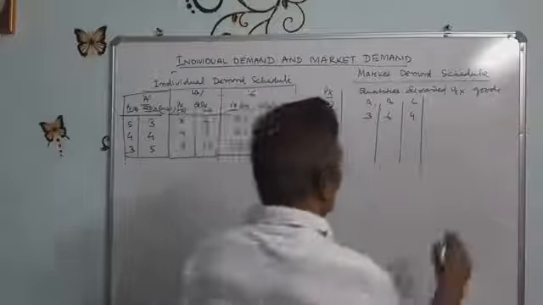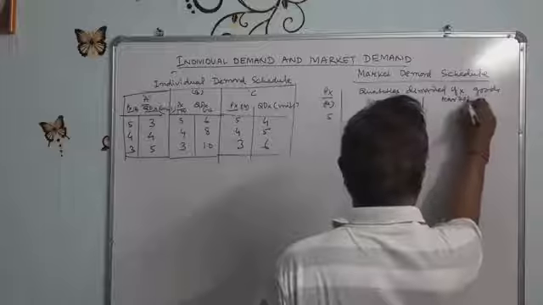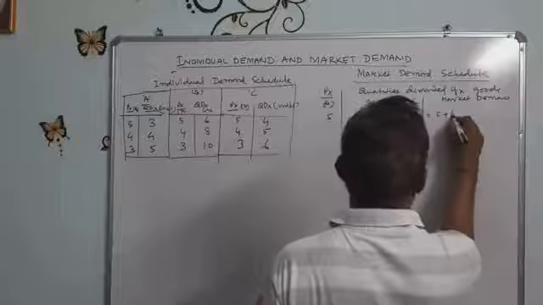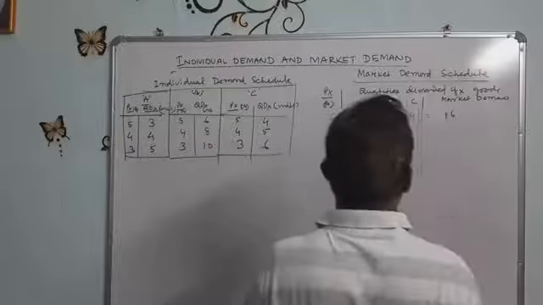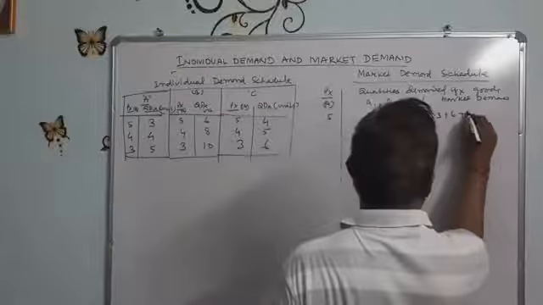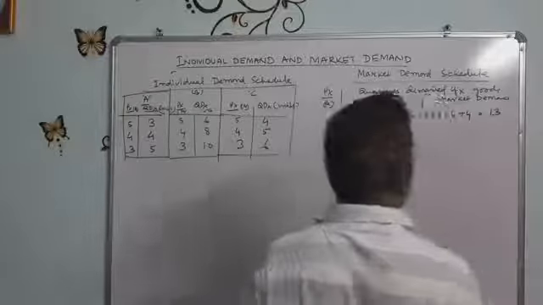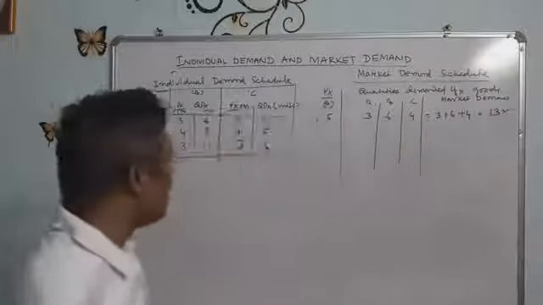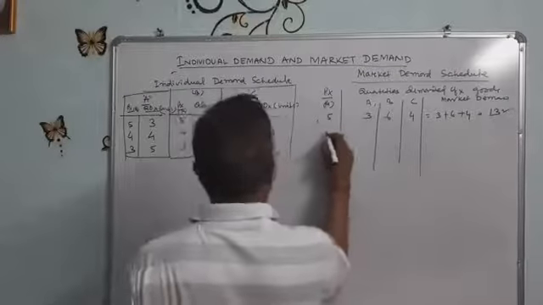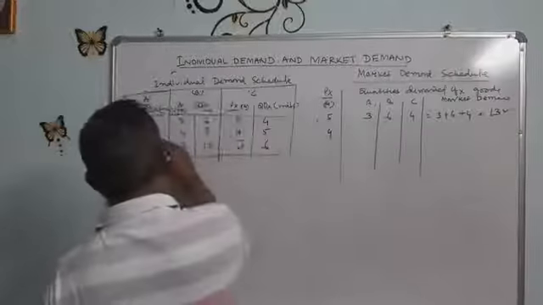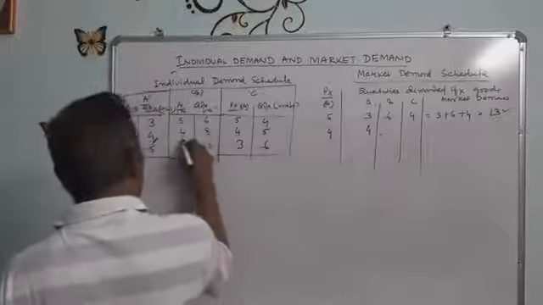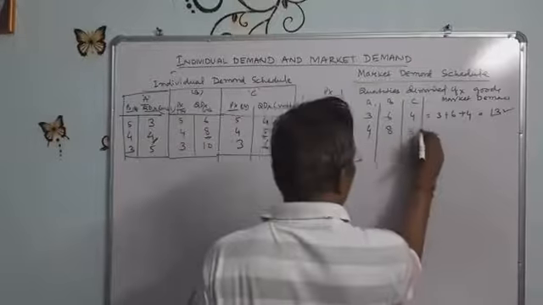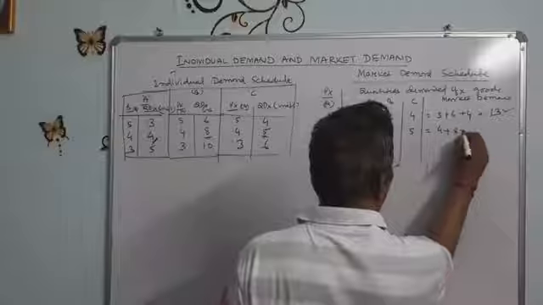So how much is the total demand? That is the market demand. 5 plus 6, plus 4, equals 30 units. It means at 5 rupees, the market demand is 30. Similarly, at 4 rupees, when price decreases, A's demand is 4, B's demand is 8, and C's demand is 5, equal to 4 plus 8 plus 5.